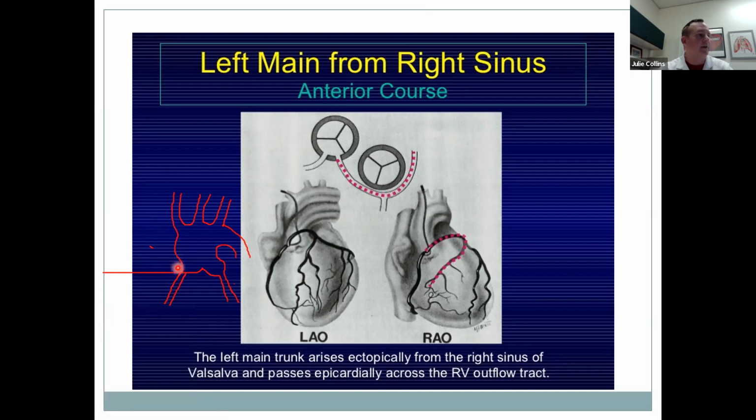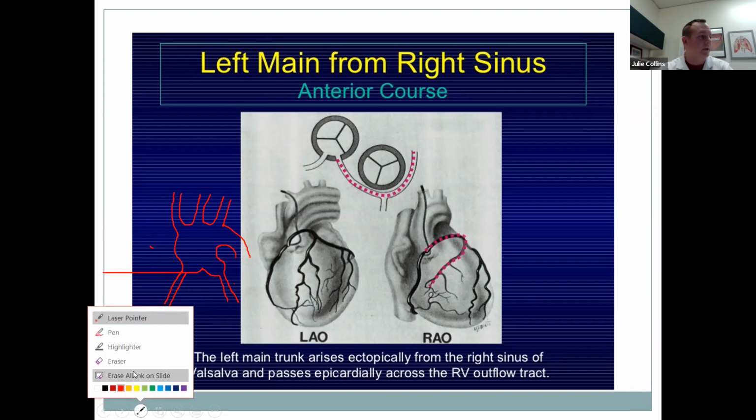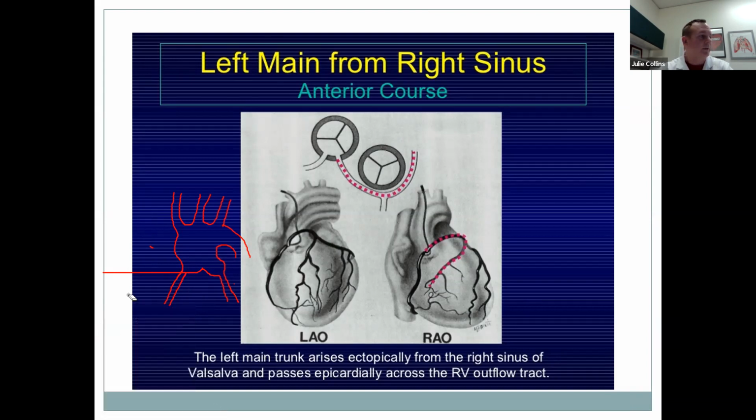Okay, what area of the root is this? Think back to the fall. Annulus? Okay, no. Maybe it's my crappy drawing.